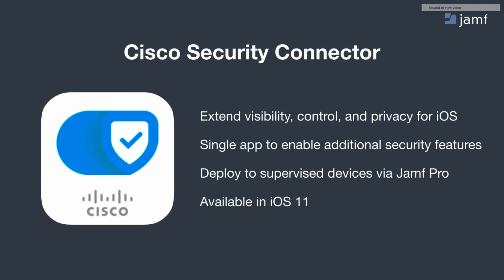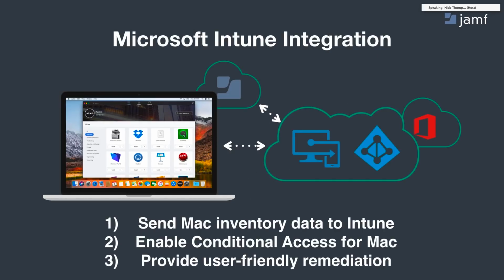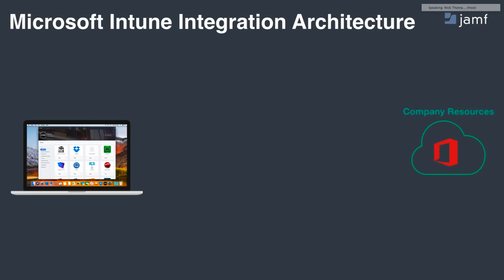And if you're using Intune for your PC and Mac management, we've got an integration here too, where you can actually send all of your Mac inventory data to Intune to provide conditional access for the Mac and do a really user-friendly remediation. And the way that works is you have your Mac be managed by Jamf.